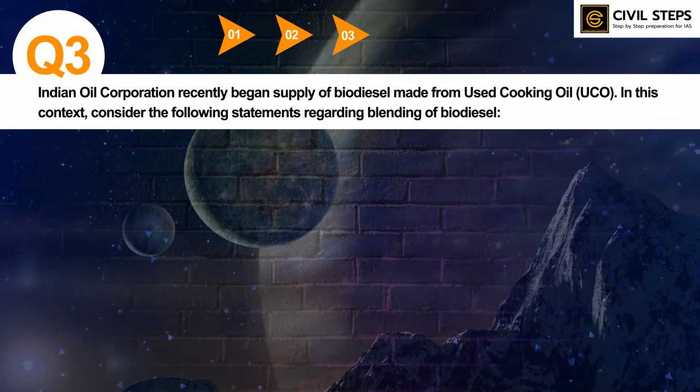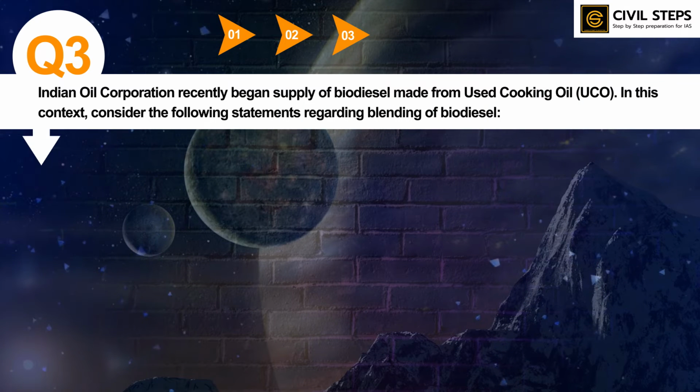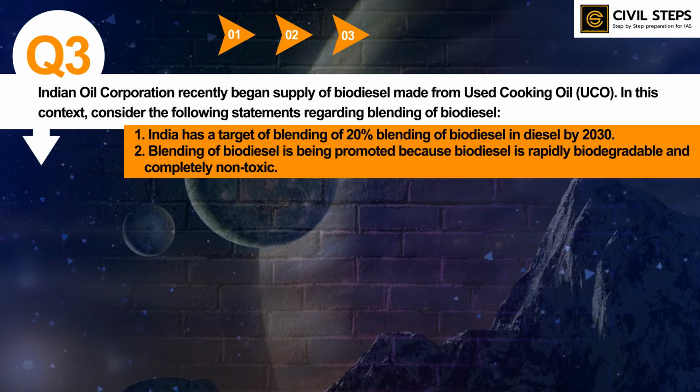Indian Oil Corporation recently began supply of biodiesel made from used cooking oil. So in this context, consider the following statements regarding blending of biodiesel. First, India has a target of 20% blending of biodiesel in diesel by 2030.